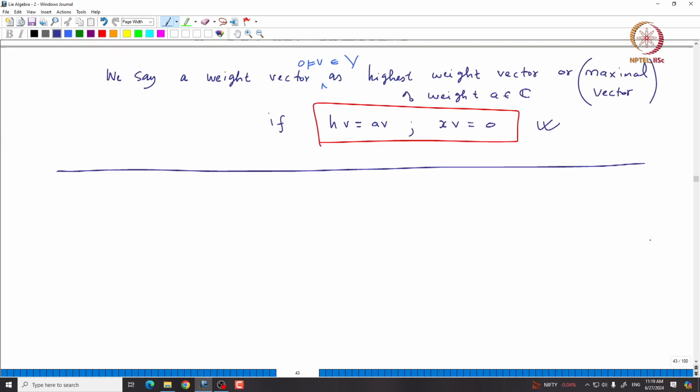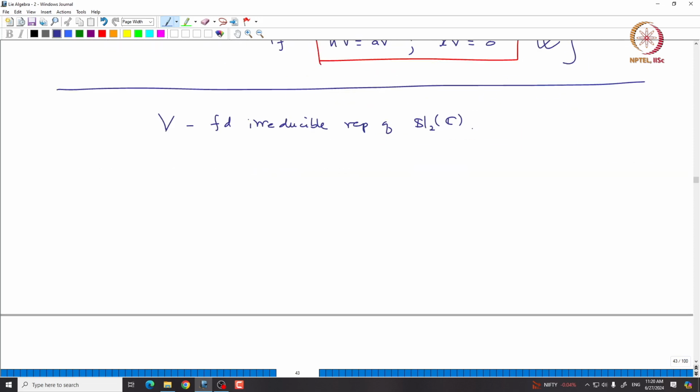So from now onwards we just assume V to be a finite dimensional irreducible representation of sl2c. When we analyze finite dimensional irreducible representations, we understand why these highest weight vectors are important, and how naturally they arise. So let us start and see the action of H on capital V and analyze what happens to it.